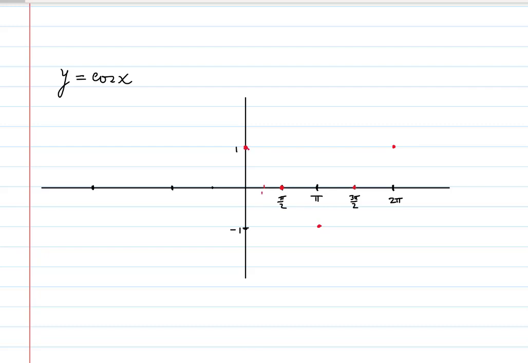And once you do the pi fourths, the pi thirds, and pi sixths to the side, it's going to have that same shape. Now again, just like sine, if you keep inputting values after 2 pi and before 0, this wave is going to keep going, and it's going to repeat that cycle over and over again.